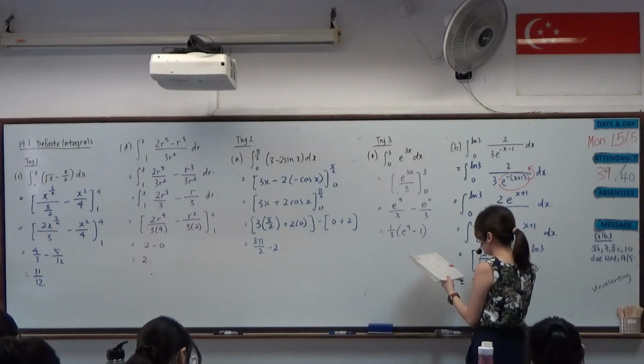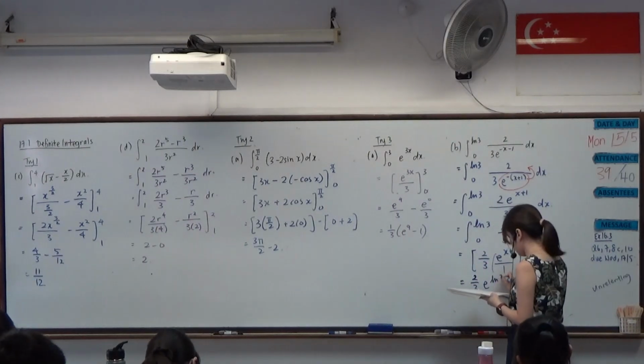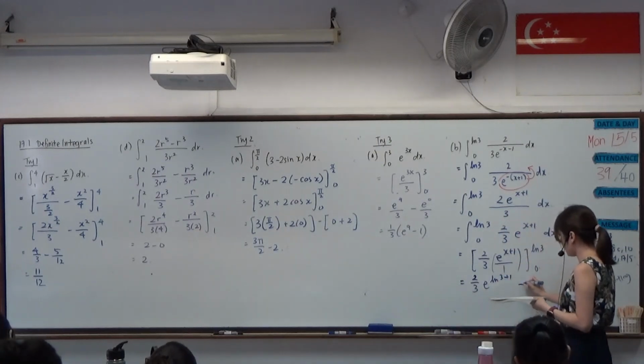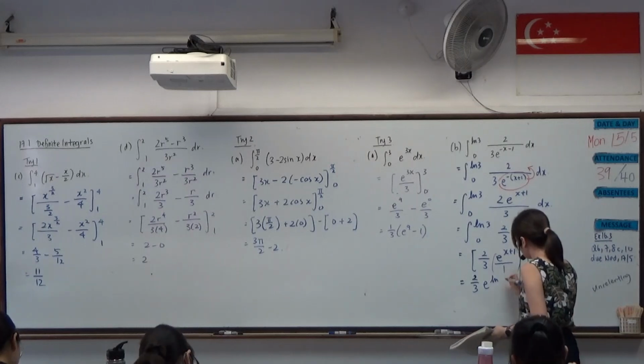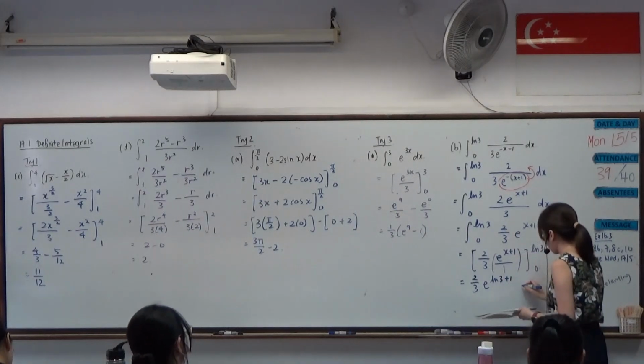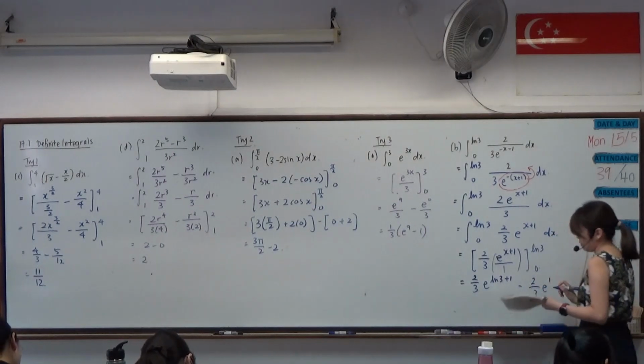and we will have 2/3 e to the power of ln 3 plus 1, minus away 2/3 e to the power of 1.